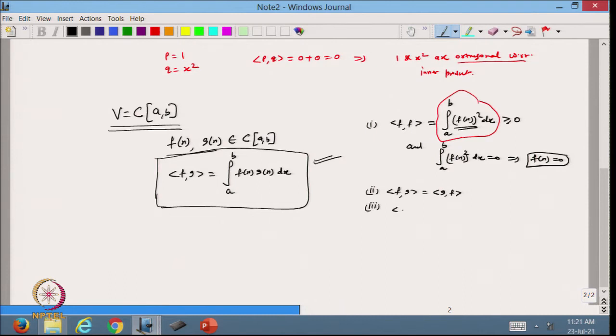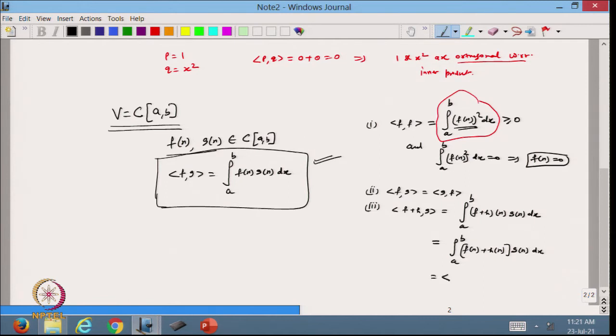The third one is that if I take f plus h with g, three functions I am taking, defining the inner product. I can write the integral from a to b of f(x) plus h(x) into g(x) dx.